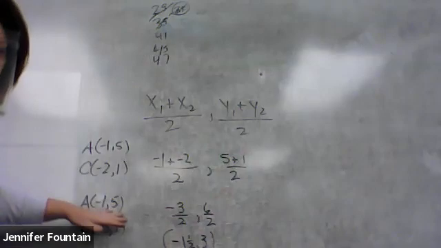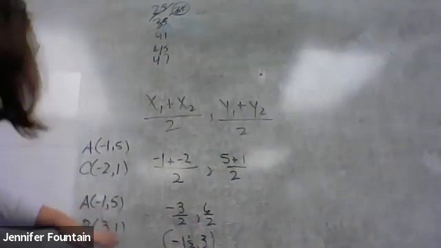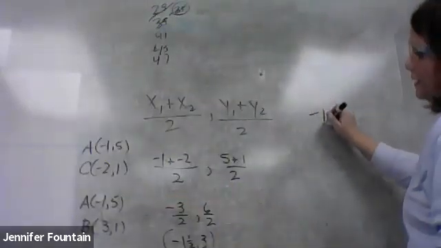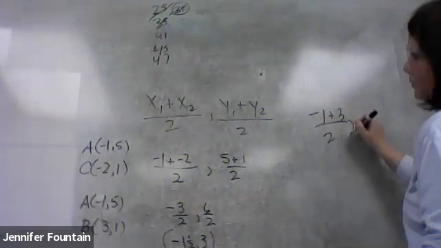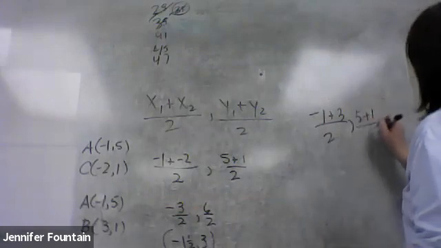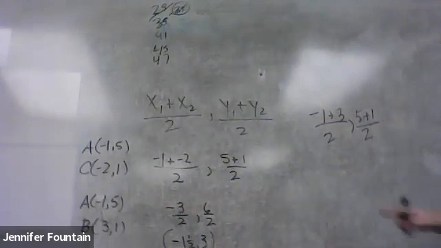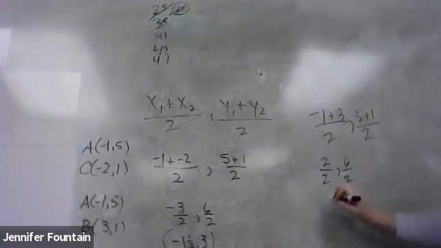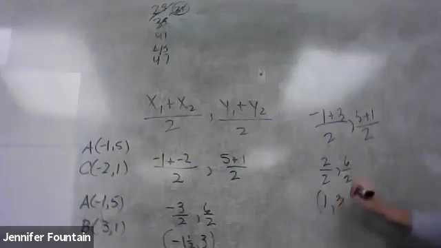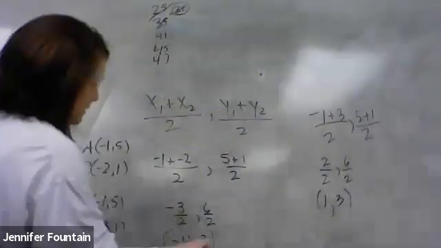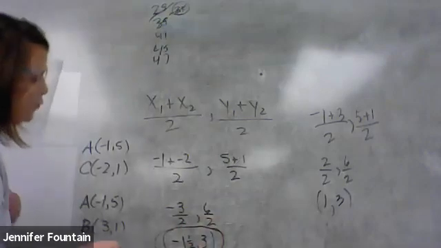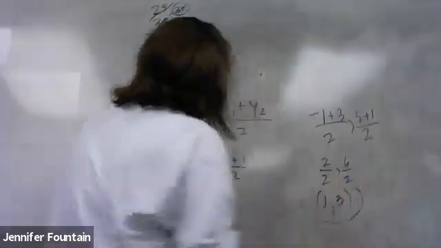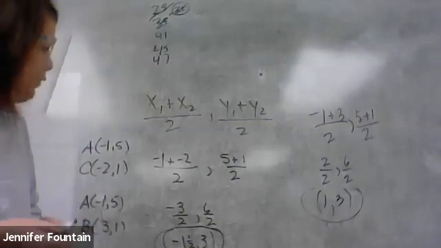And then for my next one, I've got -1 plus 3 over 2 and 5 plus 1 over 2. So -1 plus 3 is 2 over 2. 5 plus 1 is 6 over 2. 2 over 2 is 1. 6 over 2 is 3. So my midpoints are going to be -1.5, 3 and 1, 3.